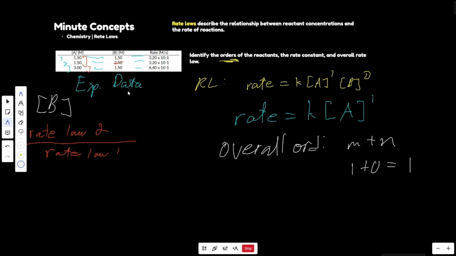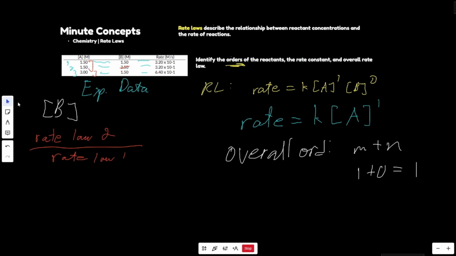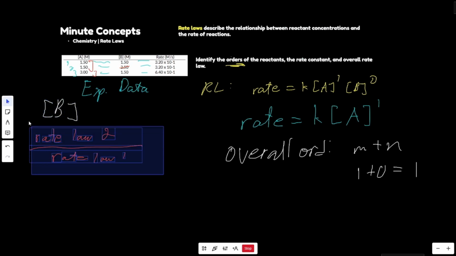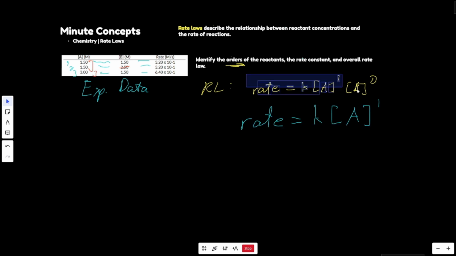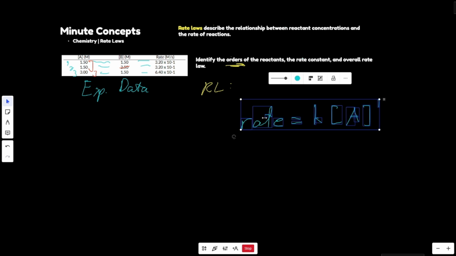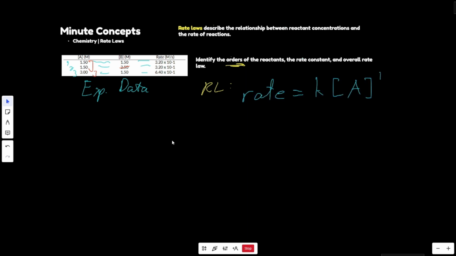Well, a first order reaction is more explainable by its integrated rate law. So now let's actually enter that topic. I'm going to remove this, and we're just going to keep our rate law for this one.